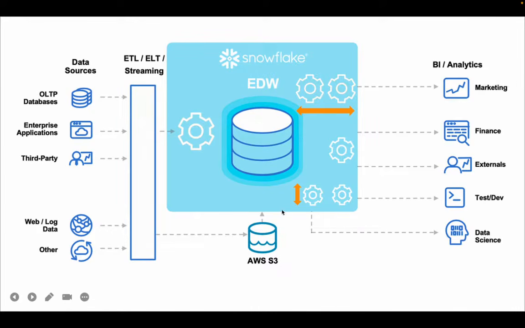Hence, storage and compute remain separate. Business analysts can easily make use of Snowflake to make their marketing, finance or other decisions. Data scientists can use this to create their ML models and create features easily.